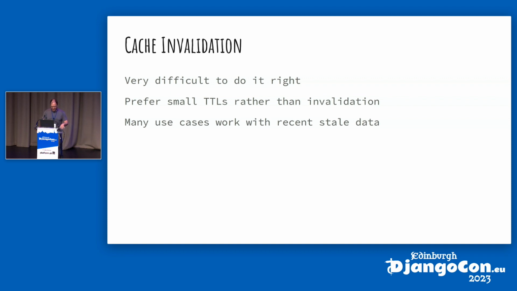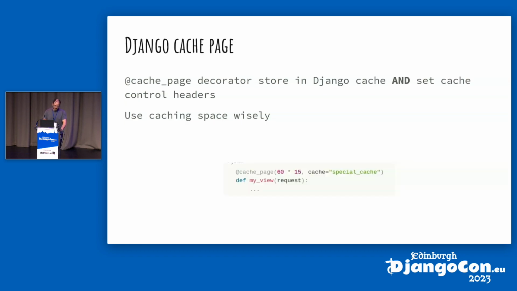I will talk about the other parts of where we can cache things. When you have this cache distributed, it's a lot more difficult than only in Python or Django. Django has a nice decorator to cache your page, so you can just call the cache page decorator, and it will store in the default cache configured.